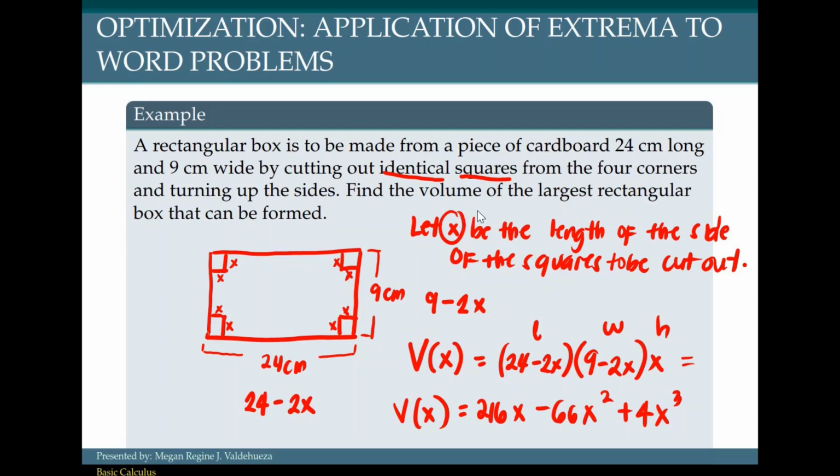So this cannot be 0, this cannot be a negative number, and it should not be more than half the width of the cardboard. Right? Did you get that? X should not be more than half the width of the cardboard, since from this, we have the width of the cardboard, that is 9 centimeters.